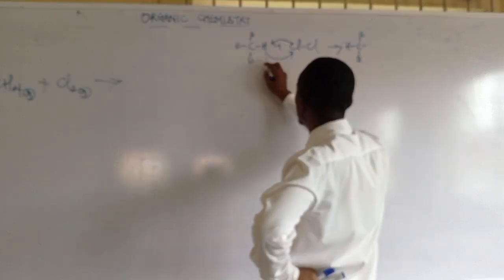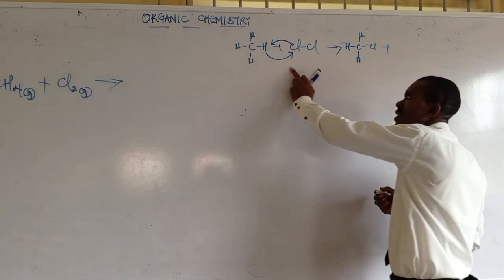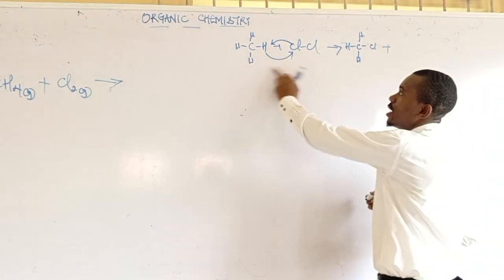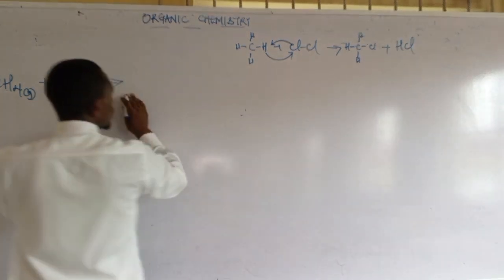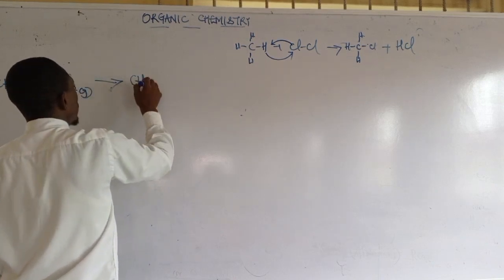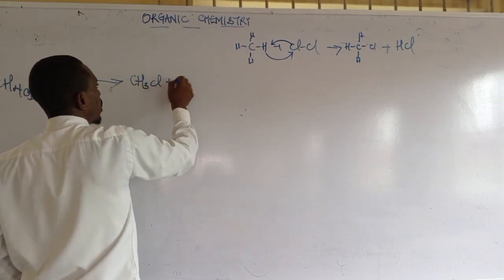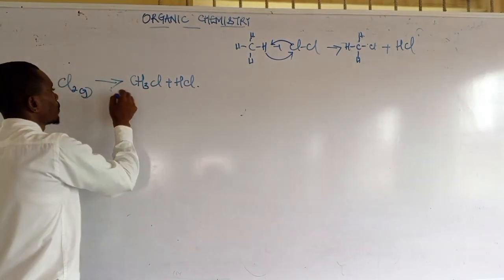Now this hydrogen has been removed and chlorine has taken its place. The hydrogen being removed will now go and take the place of chlorine to form HCl, hydrogen chloride. So in this case, we have CH3Cl plus HCl. This is called chloromethane.